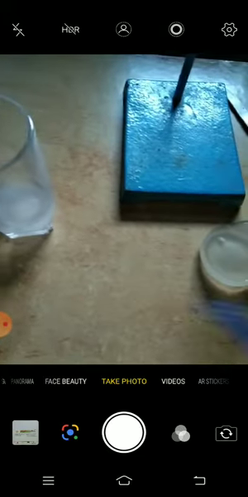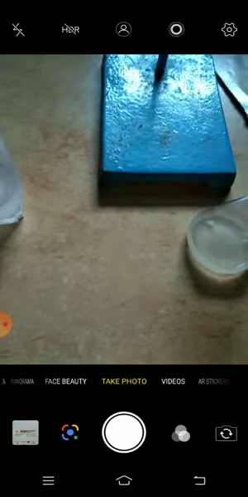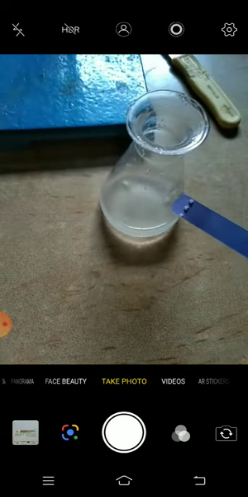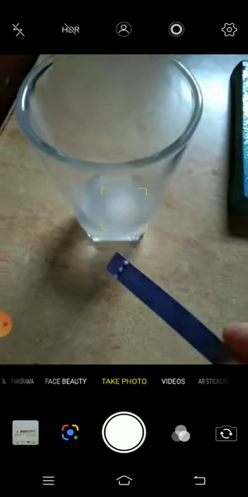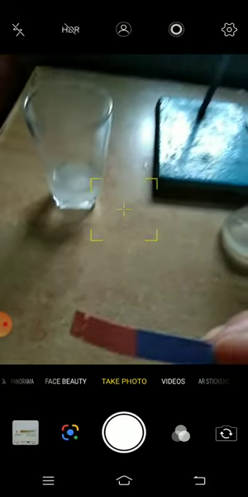Now let us see about the blue litmus paper, because these two solutions are acidic in nature. This is the lemon juice solution and this is oxalic acid solution. I am putting it into the oxalic acid solution. See here, it has turned red.